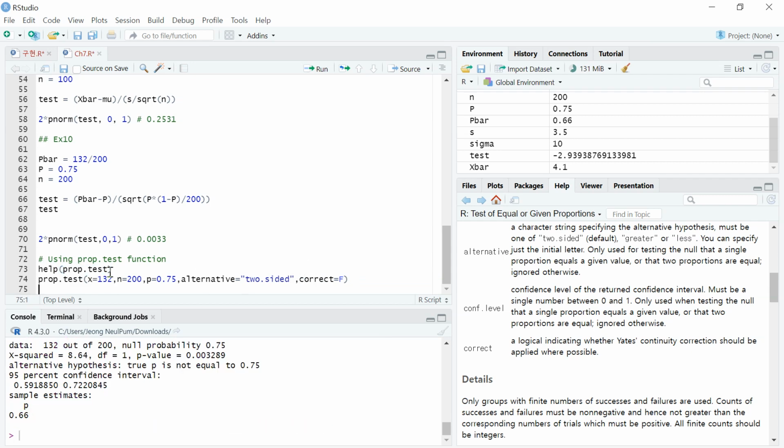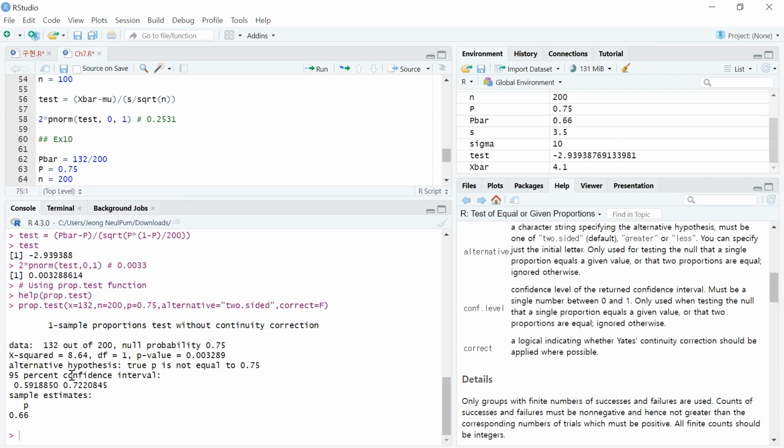After running the code, you can see the result. The p-value is 0.0032, which is the same as the value that we already got. It even kindly gives us the explanation that true p is not equal to 0.75.